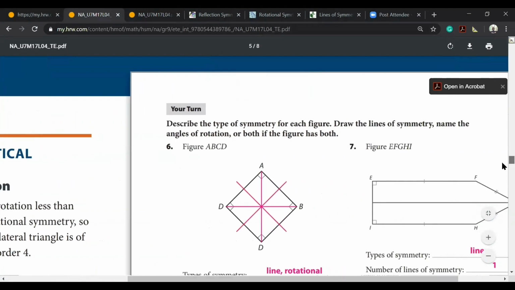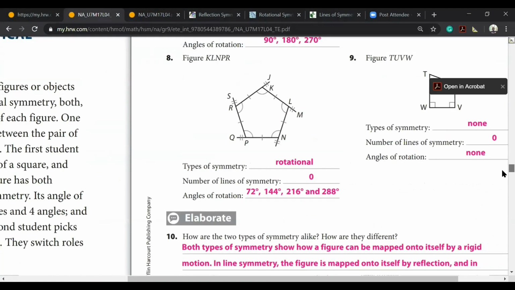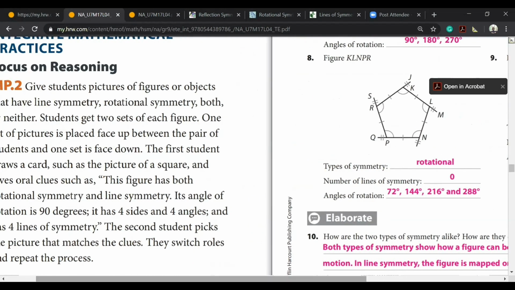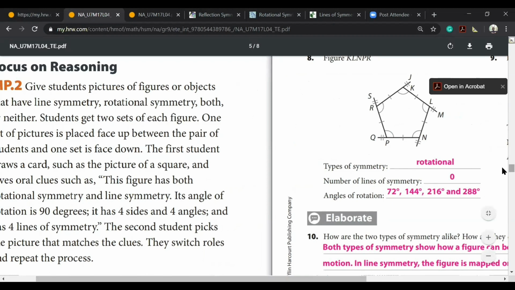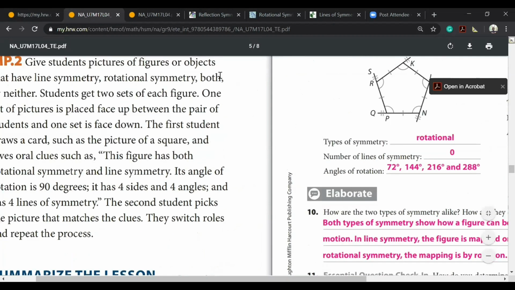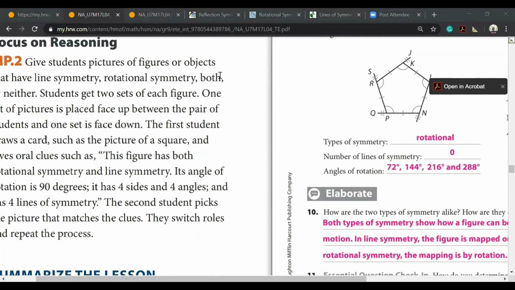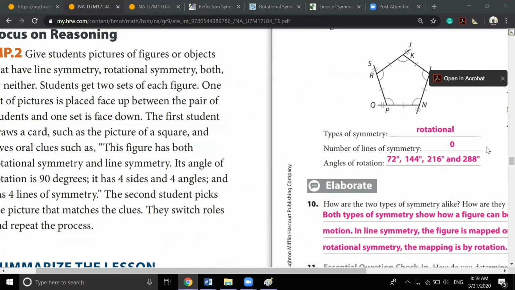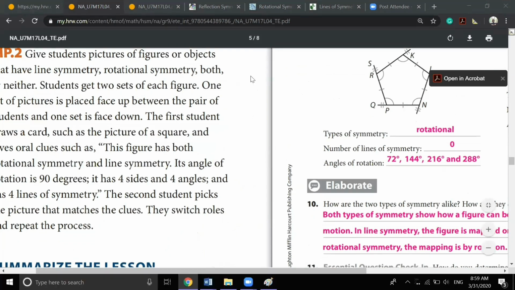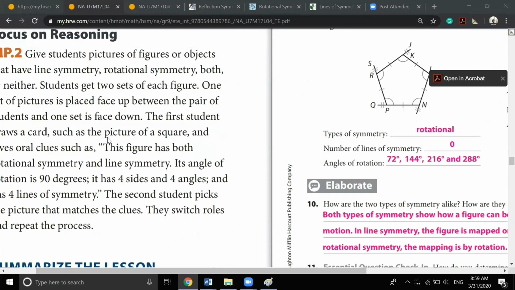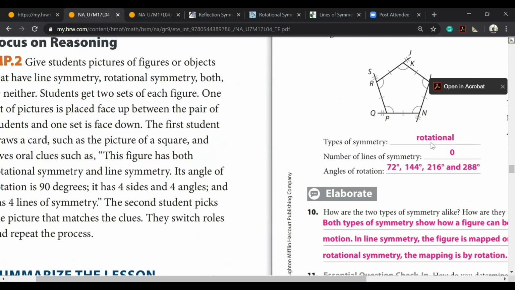In here, just this one. I don't want you to see any other one. Let me open it for you. Okay, in here. So it is a rotational symmetry. Number of lines of symmetry is nada, nothing, 0.